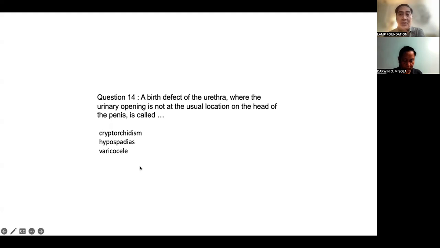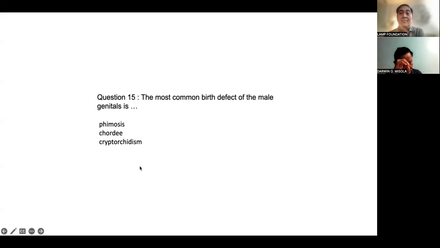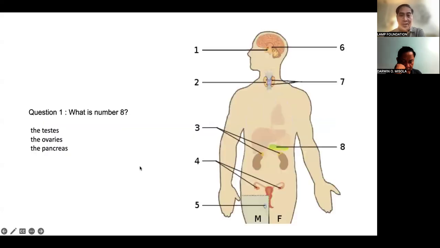A birth defect of the urethra where the urinary opening is not at the usual location on the head of the penis is called? Hypospadias, Doc. The most common birth defect of the male genitals is? Cryptorchidism, Doc. Okay, very good.